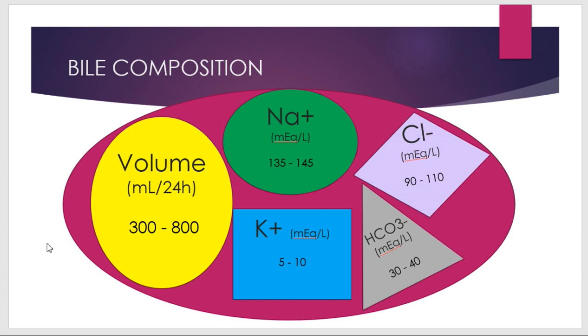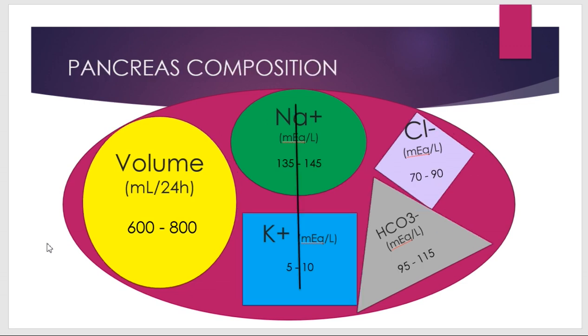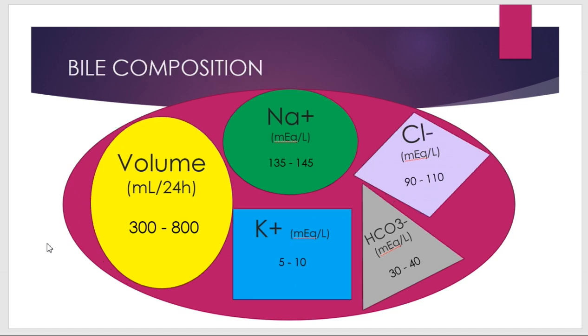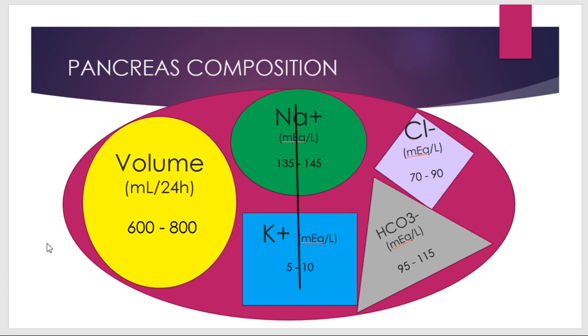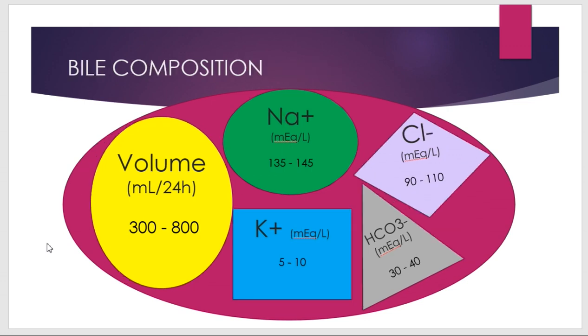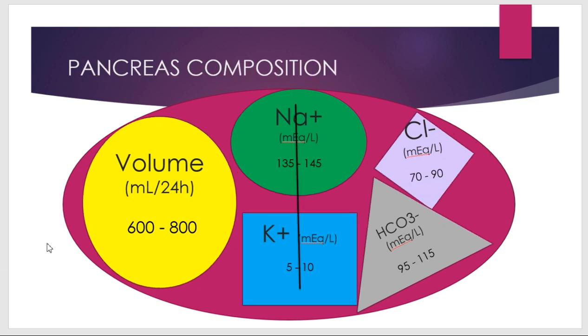Okay, let's go to the second slide. Now if you can notice the change in shape, I'm just alternating the slides just to make it more clear, right? I've drawn a line in the second slide between sodium and potassium just to show you that these two things are constant in the bile composition as well as the pancreas composition, not changed.